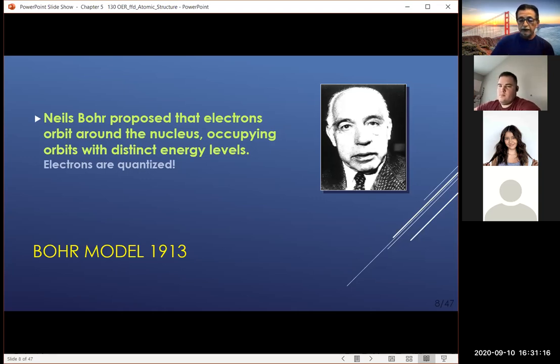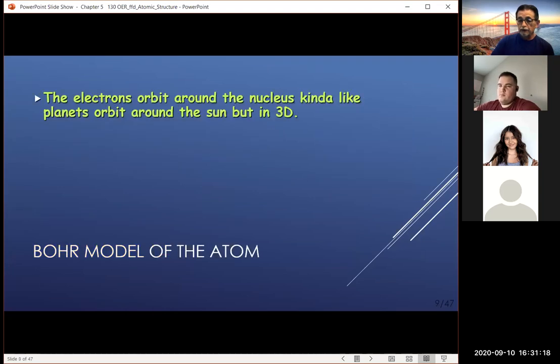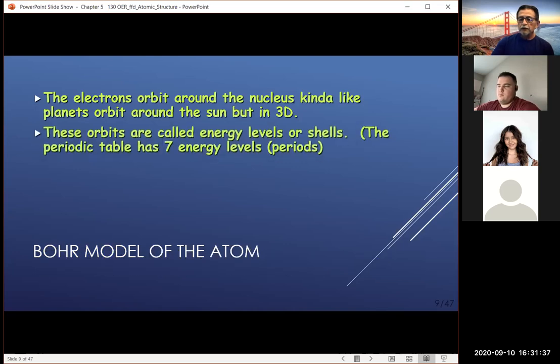That was back in 1913. Now, these electrons exhibit or put themselves around the nucleus in a three-dimensional way. I know we have a lot of two-dimensional diagrams, but nature's three-dimensional. So we got to think about three-dimensional when we talk about electrons here.